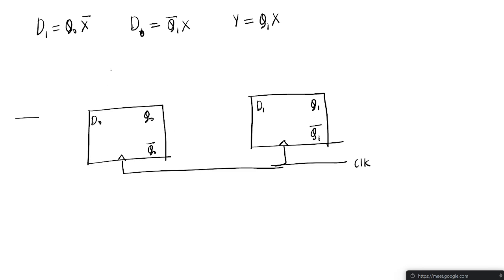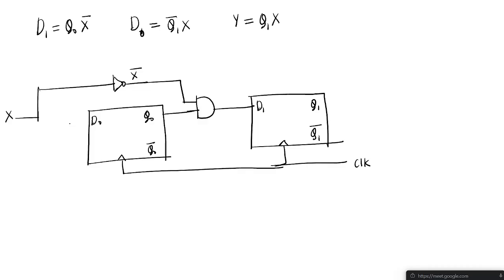This is Q naught, and this input is coming through the inverter. This is X bar. Let us take this is one X input, given to one AND gate. This is nothing but D1.